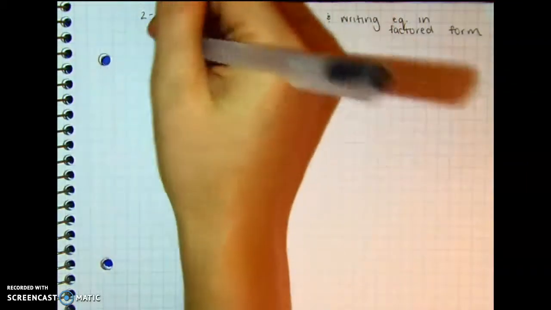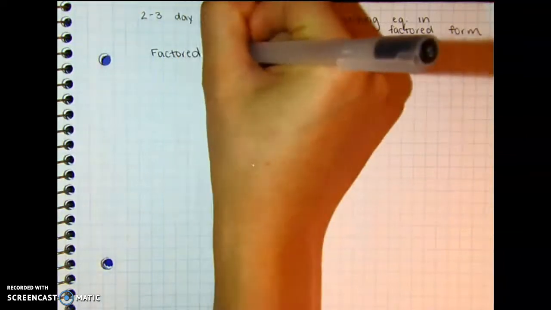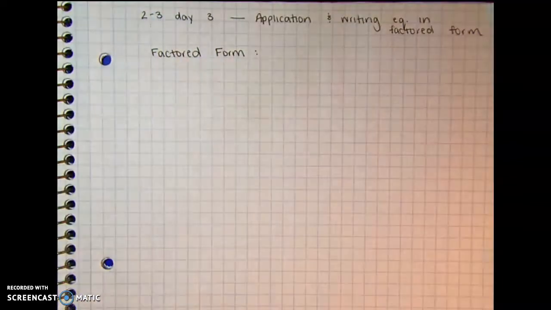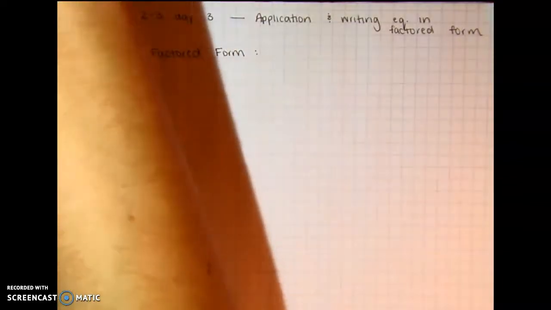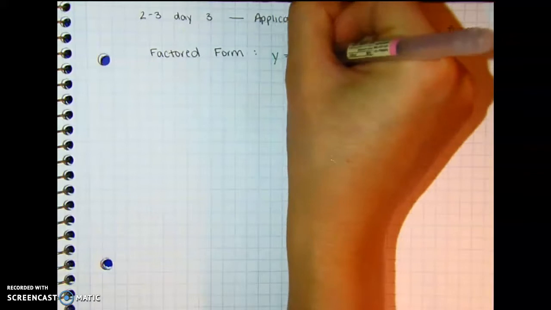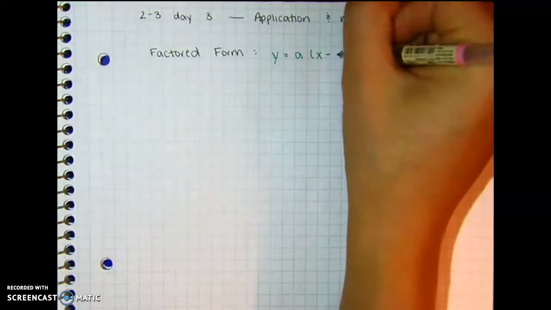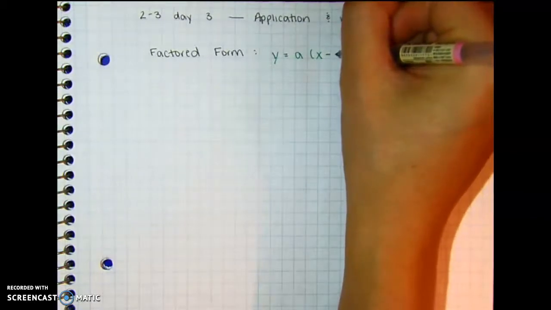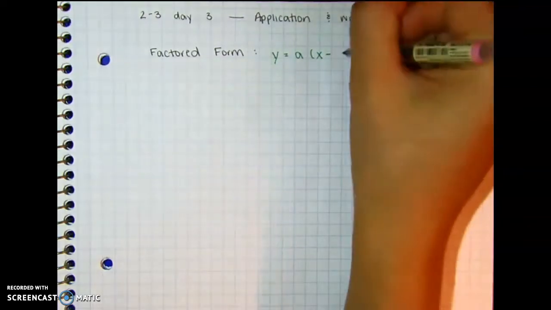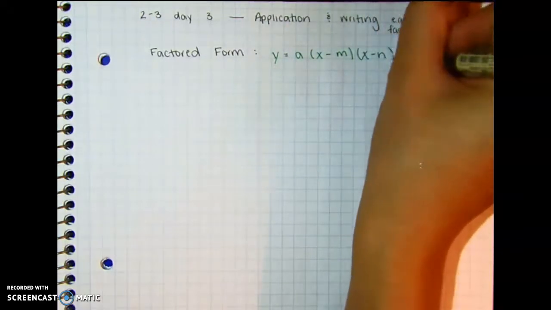So, factored form of a quadratic is y equals a times x minus, we can call it whatever we want, trying to think of a letter we haven't used yet, I guess like n, times x minus n.